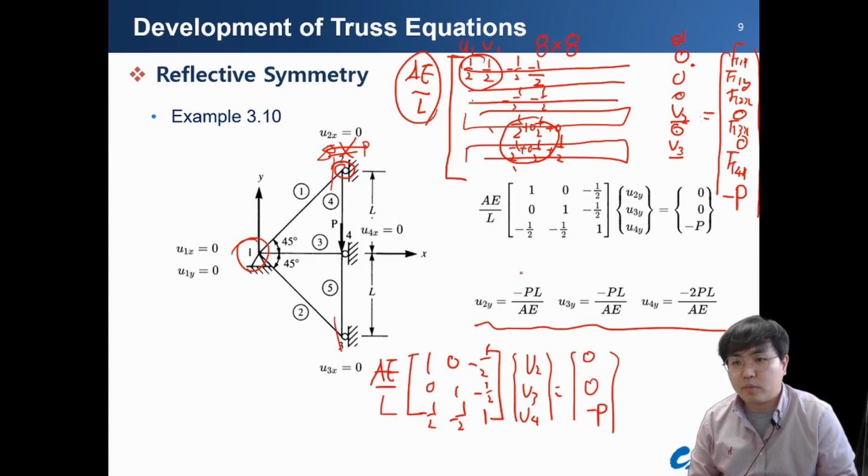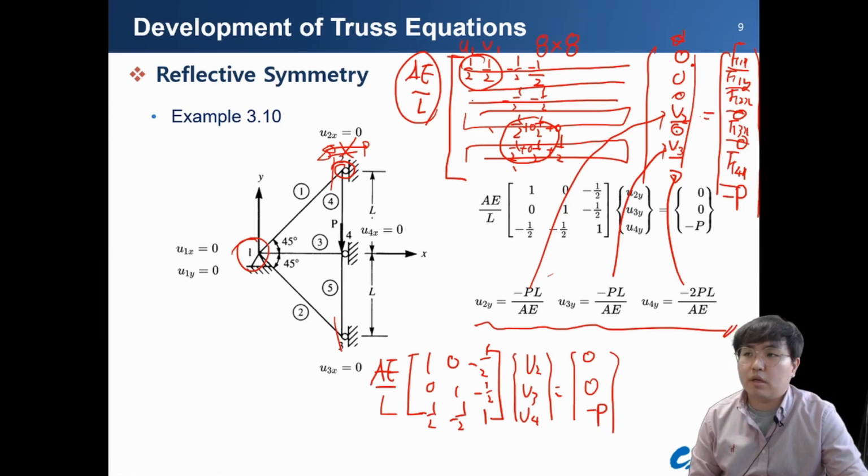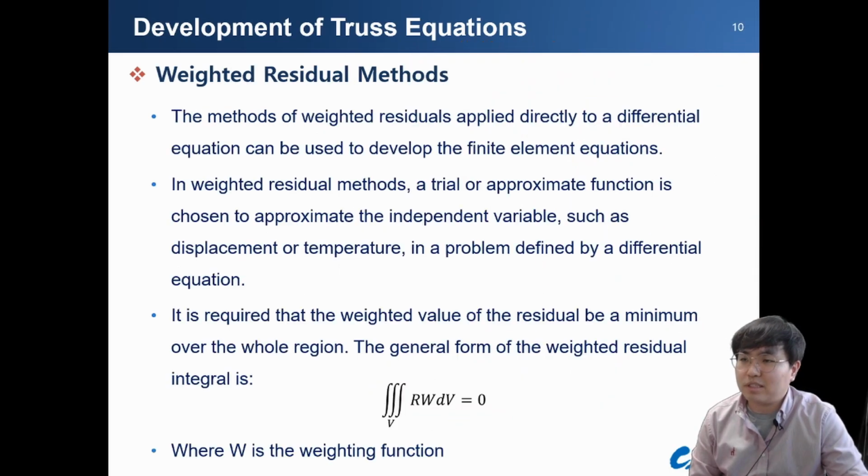So it's very easy. And then after obtaining the solution, you can insert this value in here. Finally, after multiplication, we can obtain the reaction forces in this system. So it's a simple case of a symmetric system.